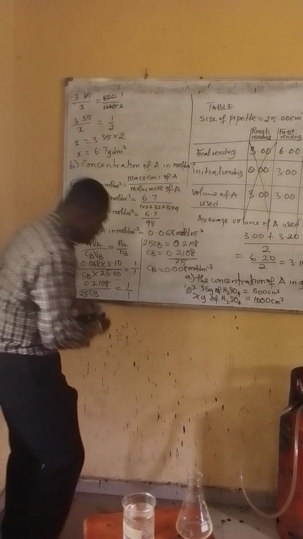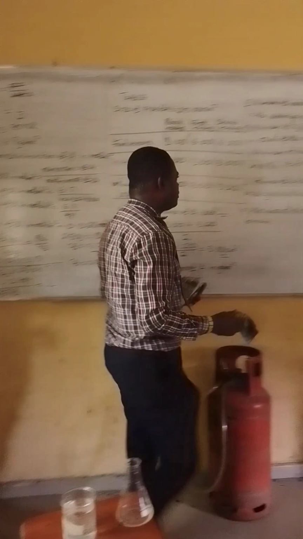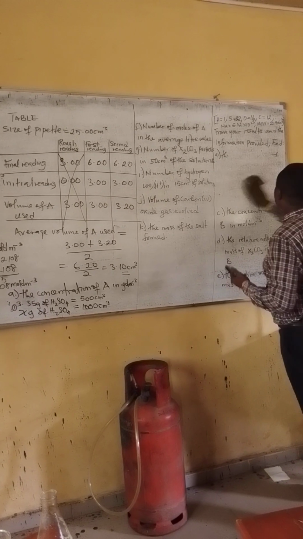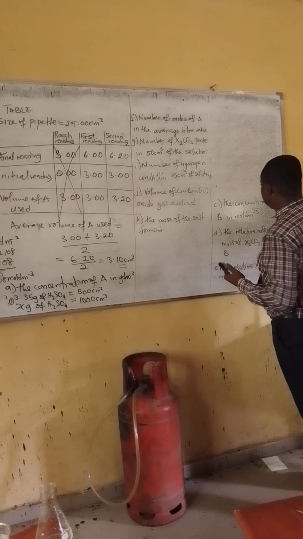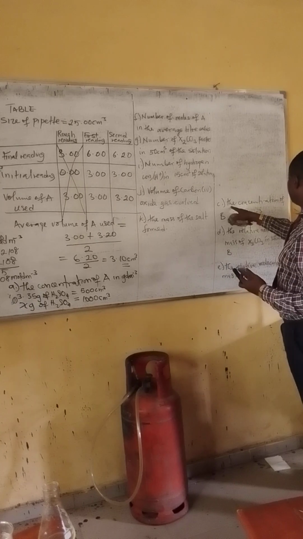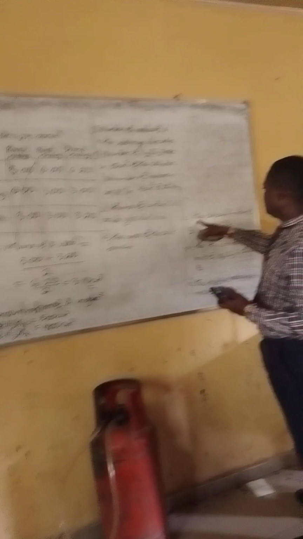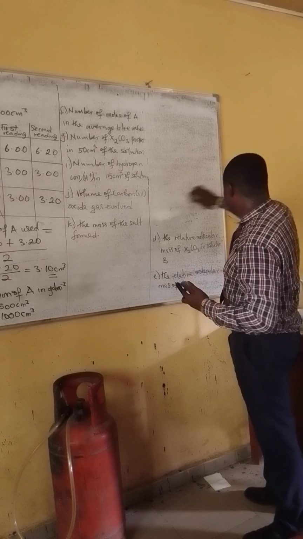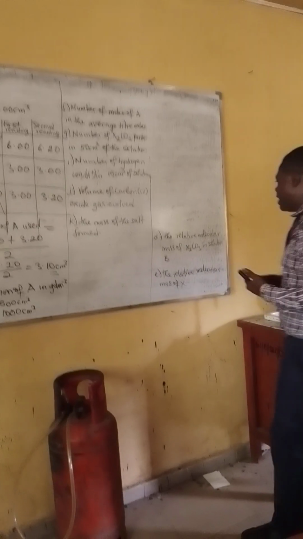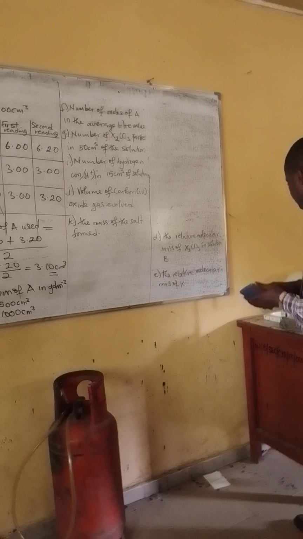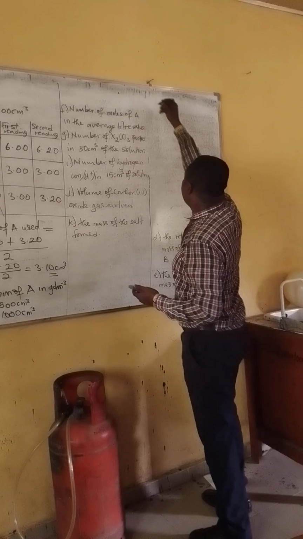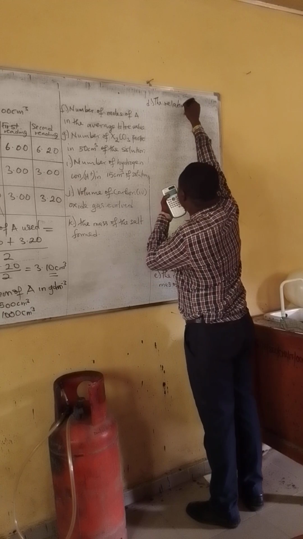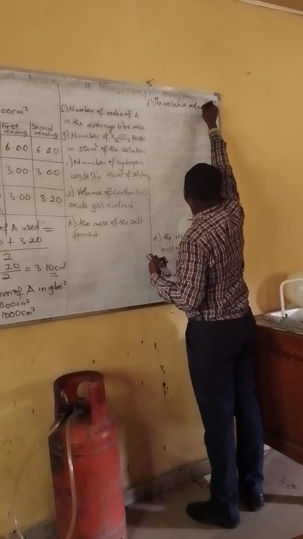So let's move to the next question here. We are now moving to D. The relative molecular mass of X2CO3.